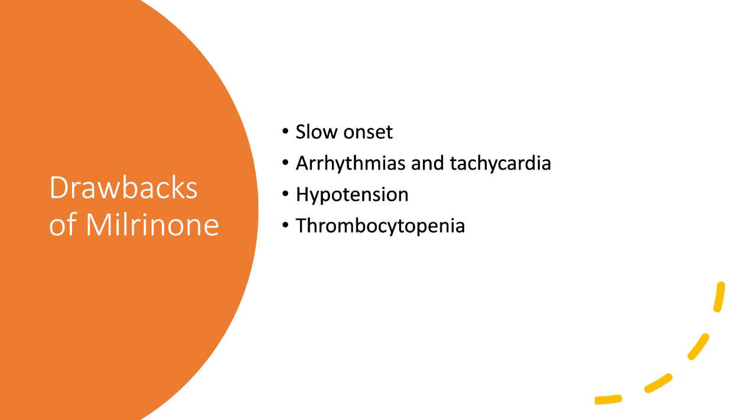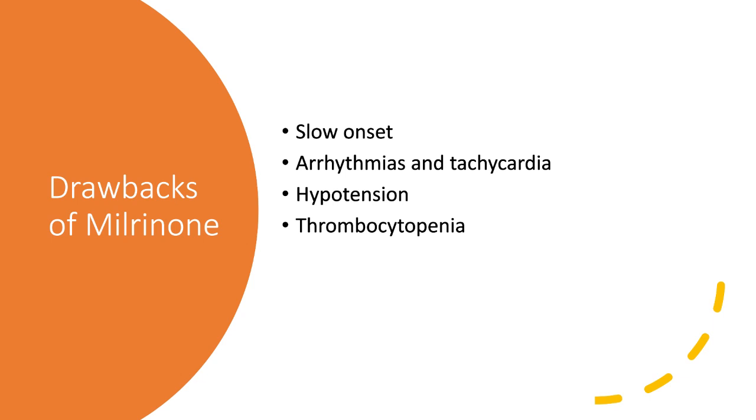Hypotension: it may cause severe hypotension, especially in neonates, so blood pressure must be monitored, and don't start Milrinone in hypotensive patients. Thrombocytopenia: in patients with bleeding or sepsis, Milrinone must be used with caution.